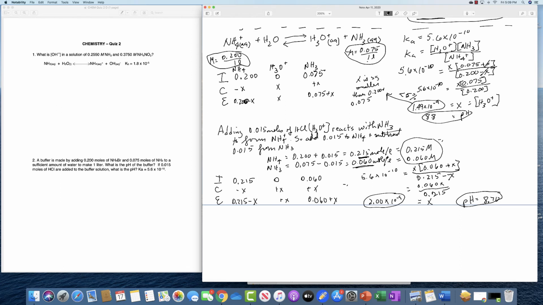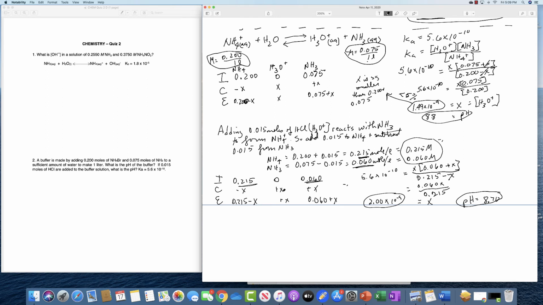Now, with these concentrations, you plug that into the ICE formula. You have this initial concentration for ammonium, this initial concentration now for hydronium ion, because all of the added acid has been consumed, and this concentration for the ammonia.